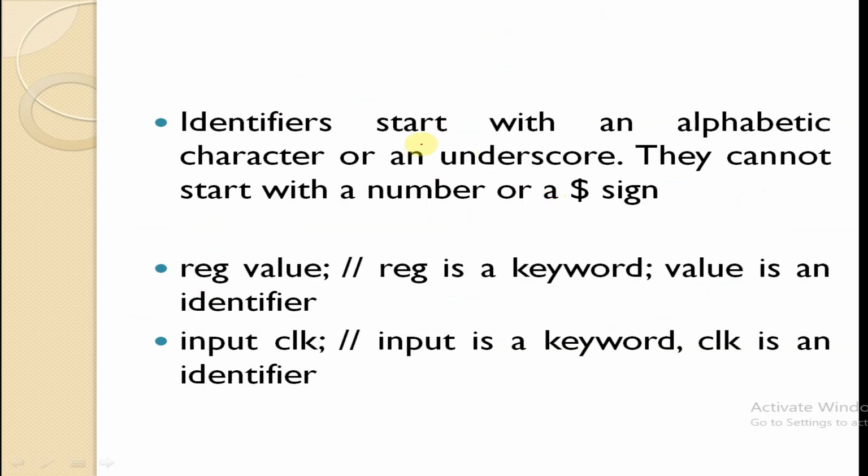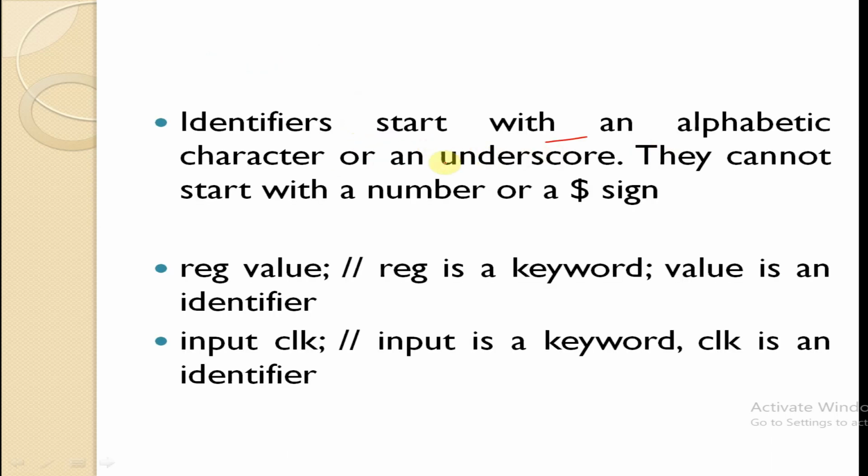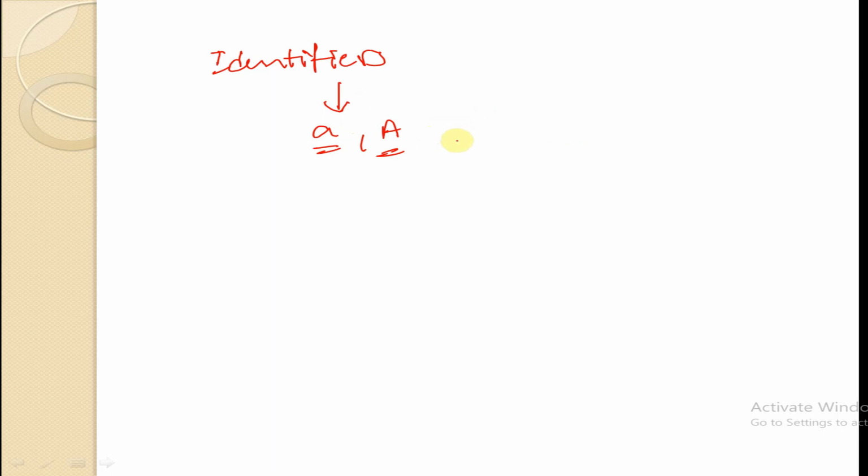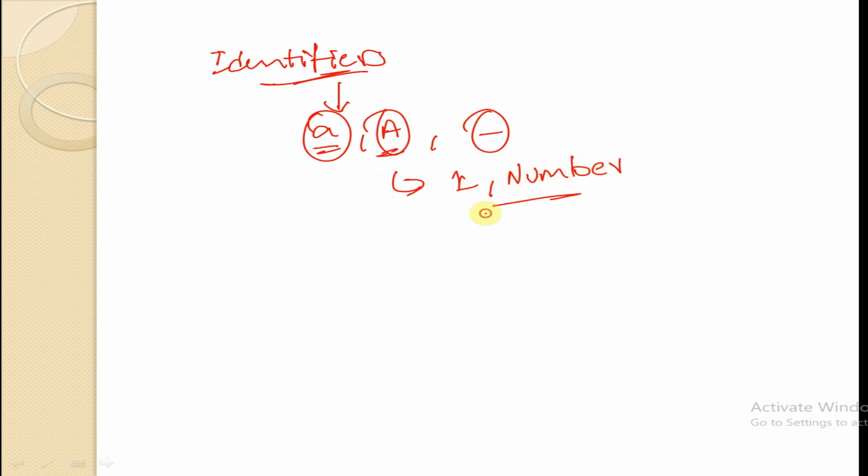Identifiers start with an alphabetic character or an underscore, and they cannot start with a number or a dollar sign. So identifiers can start with a lowercase letter, a capital letter, or an underscore, but they cannot start with a number.